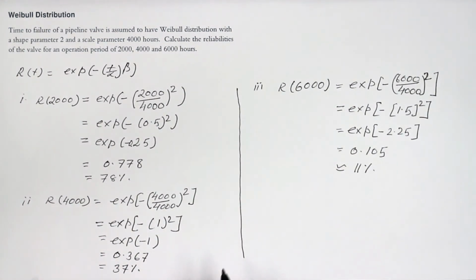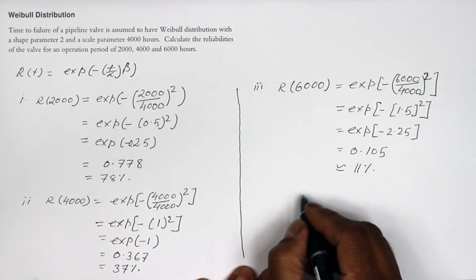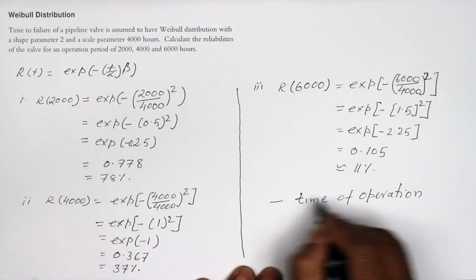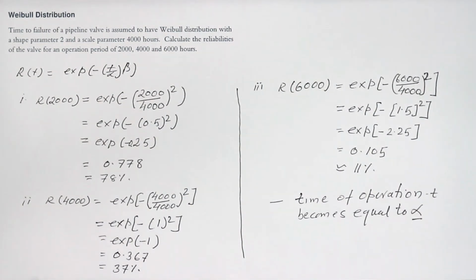And note one more important thing. When t, the time of operation, becomes equal to alpha, the scale parameter, you always get a reliability of 37%.